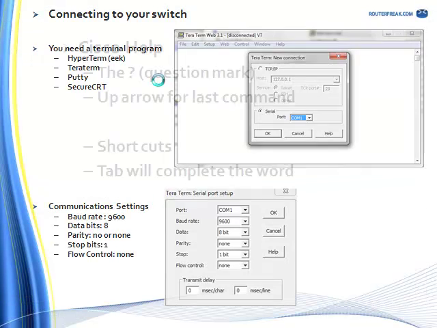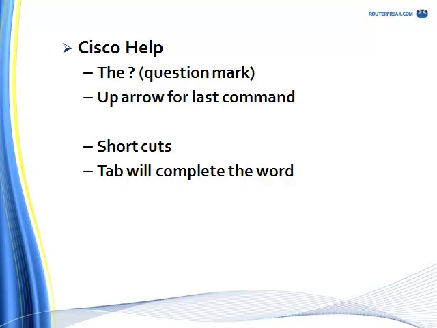So there we have it. We've gotten into our switch. We went over the Cisco help system, where we're using the question mark for all of our help, and you can use the question mark every step of the way, so you can see the different types of commands that are available to you at each of the different modes that you're in when you're in your Cisco switch.